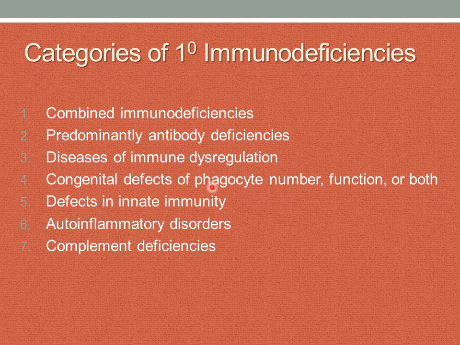Some of them have to do with the ability of the phagocytes to do their job, defects in the innate immunity, autoinflammatory disorders, and complement deficiency. So again, this just points to the fact that the complexity of the immune system is immense, and so a million and one different things could go wrong and cause a disease.